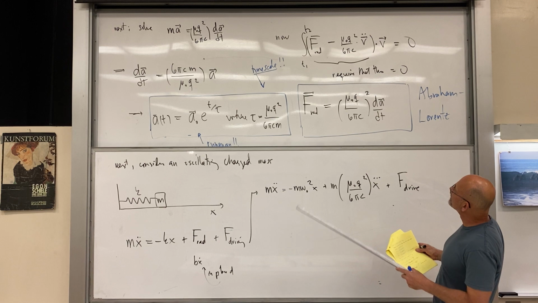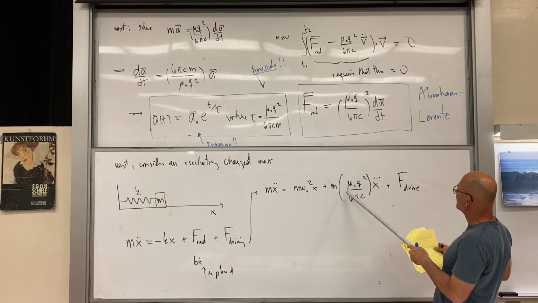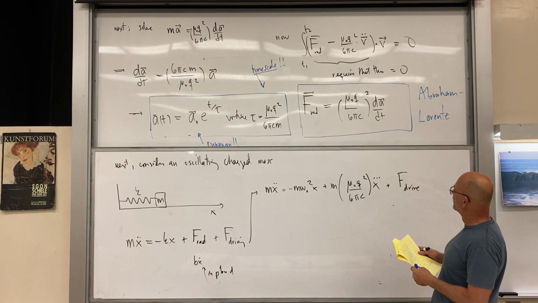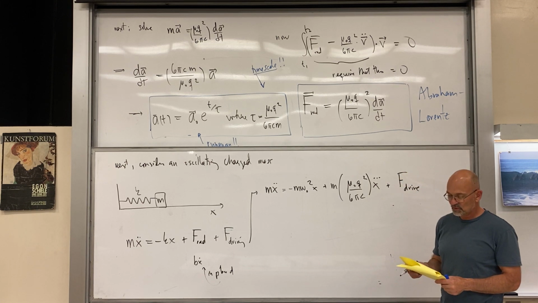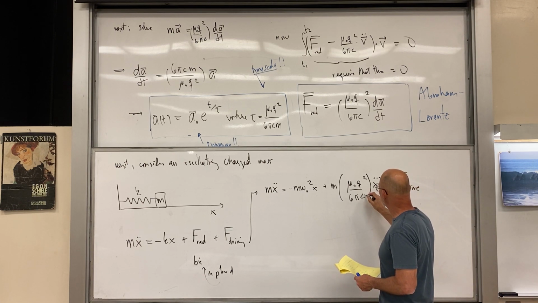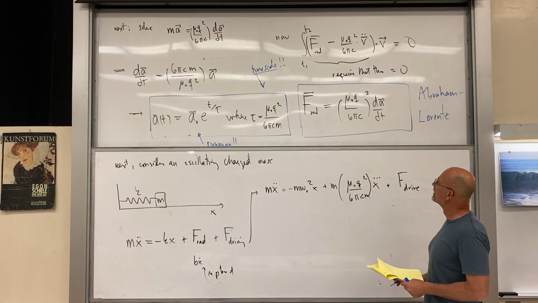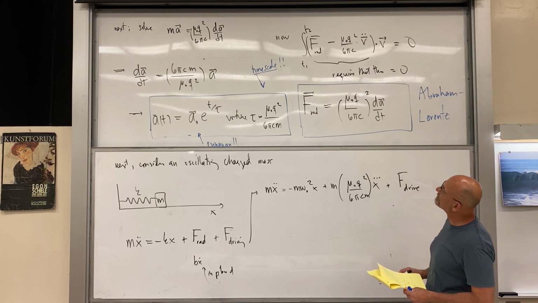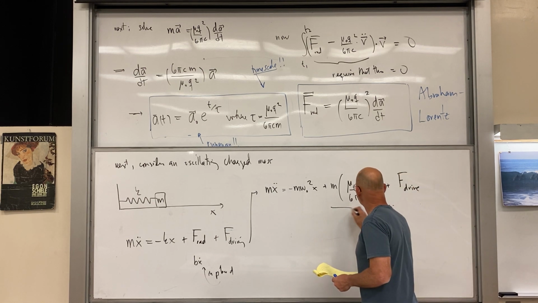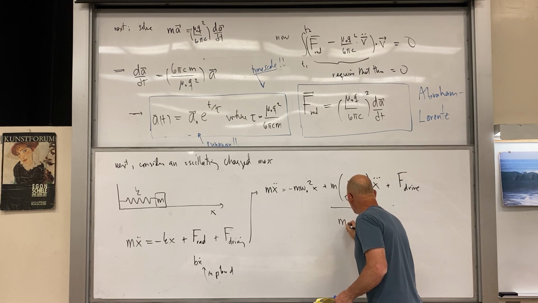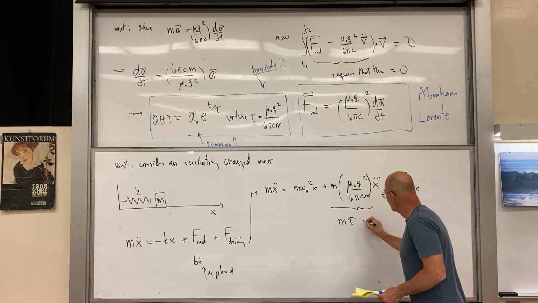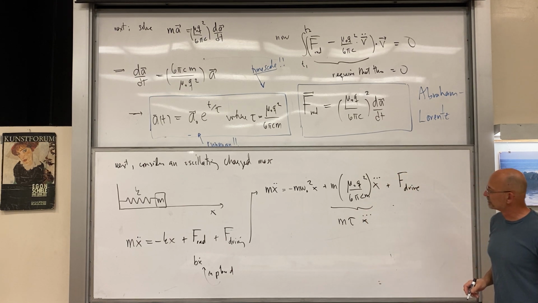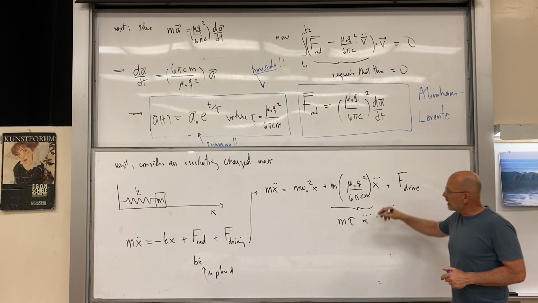So where's our time scale? Tau is mu naught q squared over 6 pi c m. That's better. So I can write this as m times tau times x third derivative. So we're going to see this as a damping force as follows.